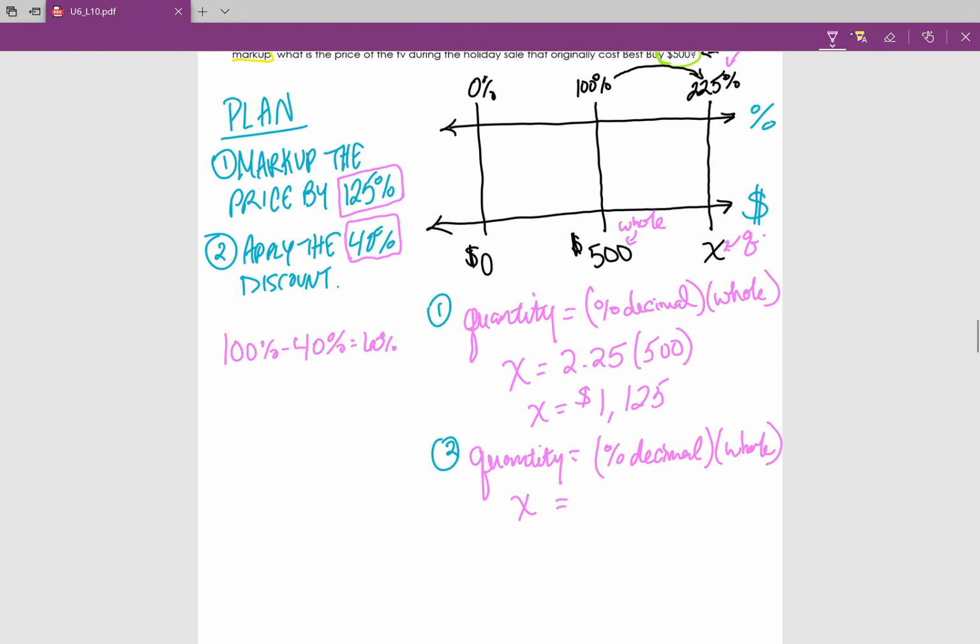And we're trying to find out what 60% is of our markup. So now when I plug this into my calculator, I get $675.